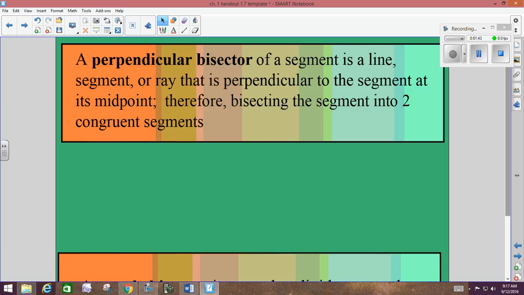So a perpendicular bisector of a segment can be a line, a segment, or a ray. It can be any of those three figures that is perpendicular to the segment at its midpoint.